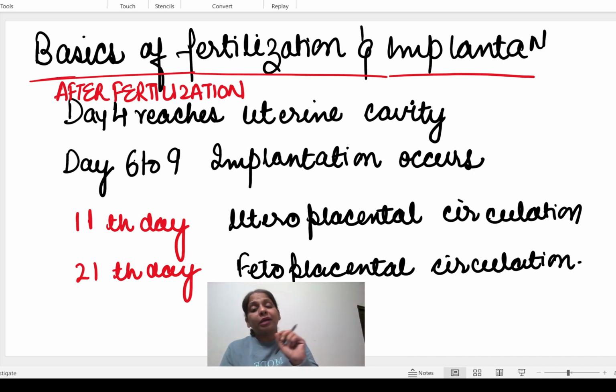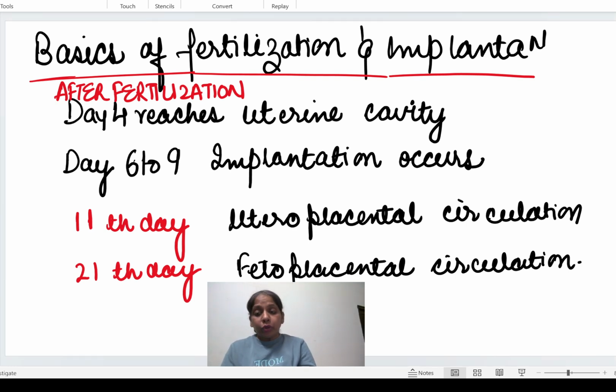I keep on telling you these things because it is very, very important. Uteroplacental circulation is established on the 11th day, and on the 21st day, the fetoplacental circulation is also established. The morula reaches the uterine cavity at day 4 after fertilization, and at day 6 to 9 the implantation occurs.